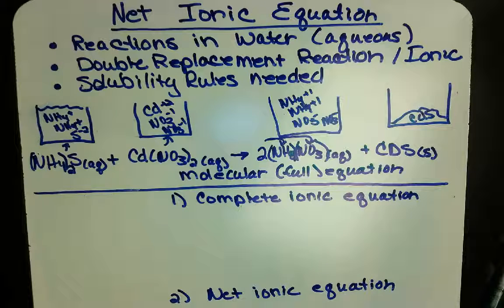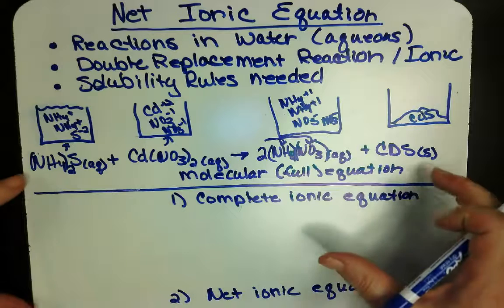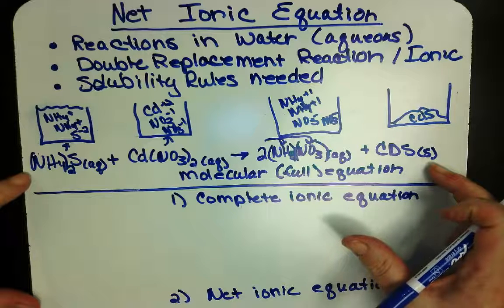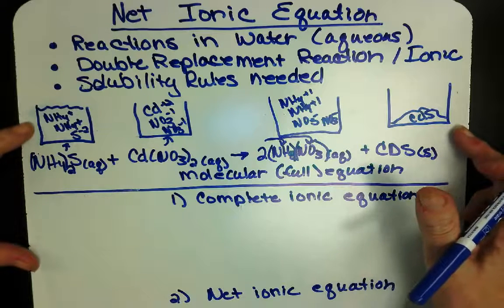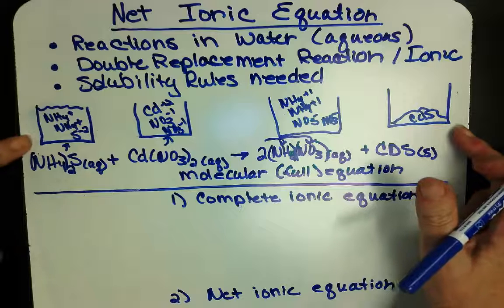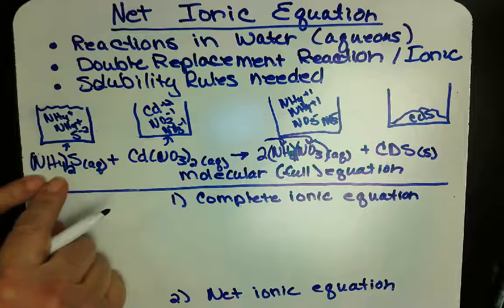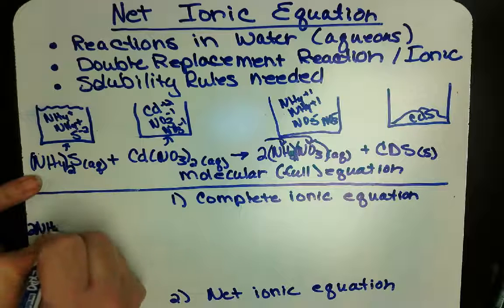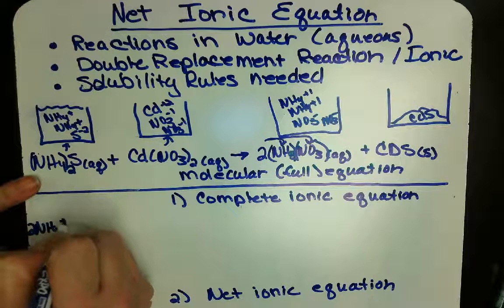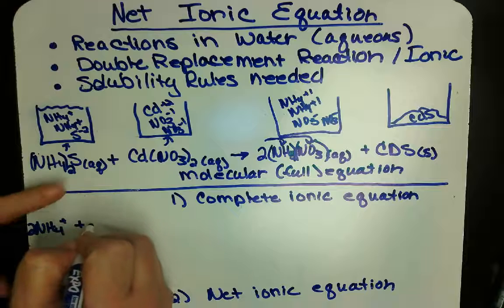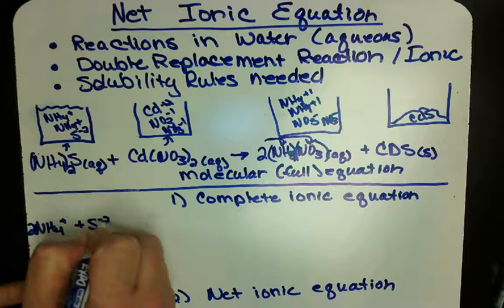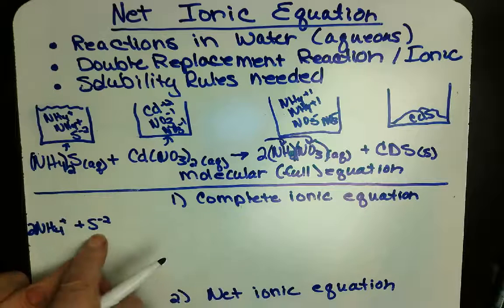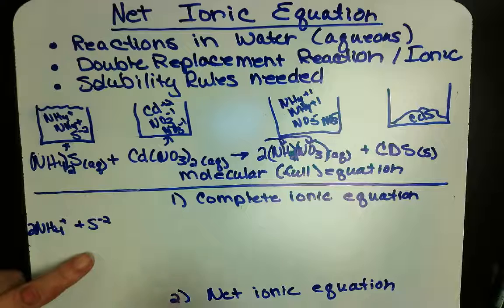So our complete ionic equation is this whole thing written into the ions they would break apart into. This was just an easy way to visualize it. But what did this break up into? 2 ammoniums, 2 NH4 pluses plus a sulfide ion, S minus 2. So we're writing the complete ionic equation, all the ions that happen.